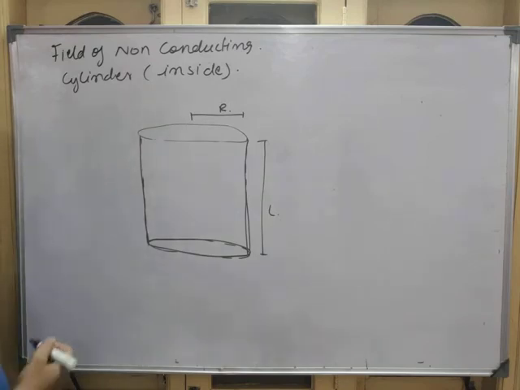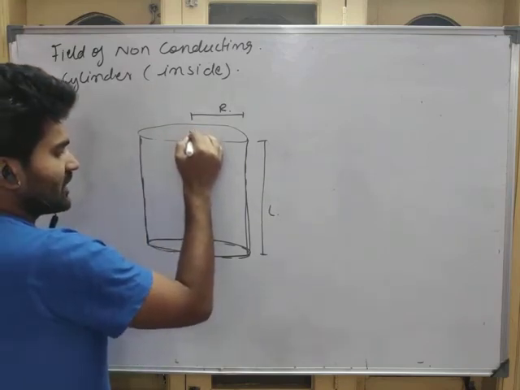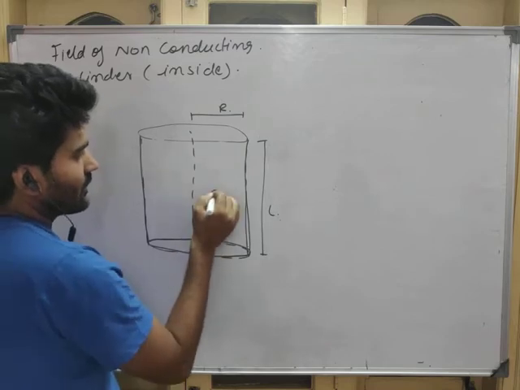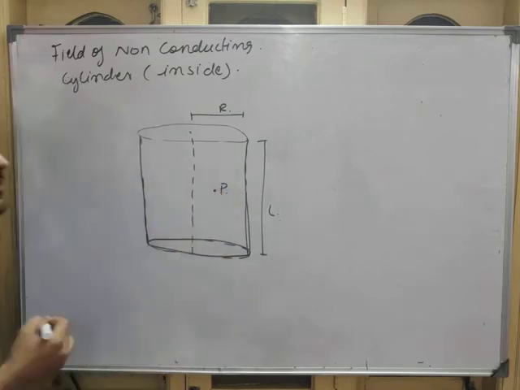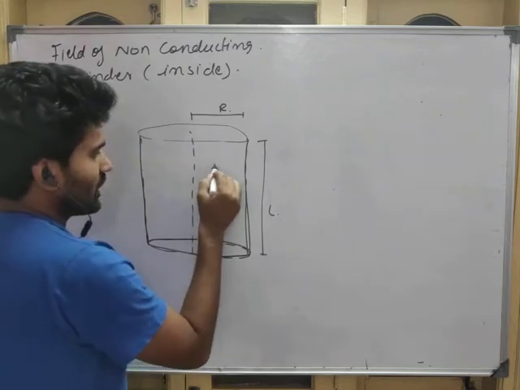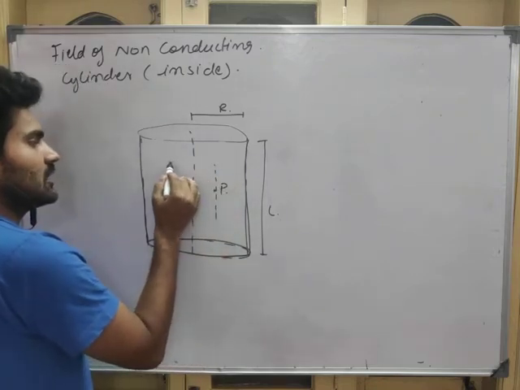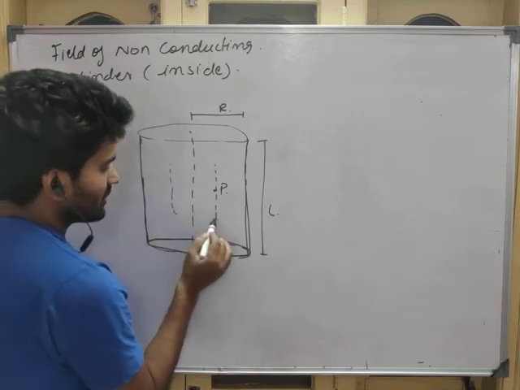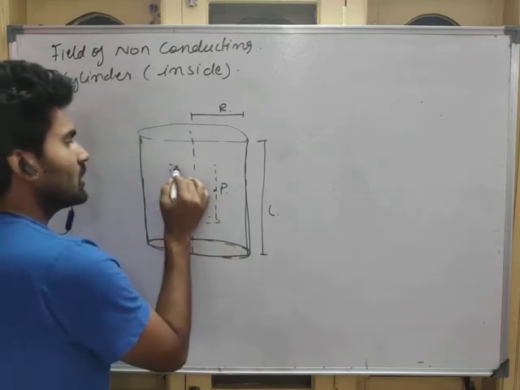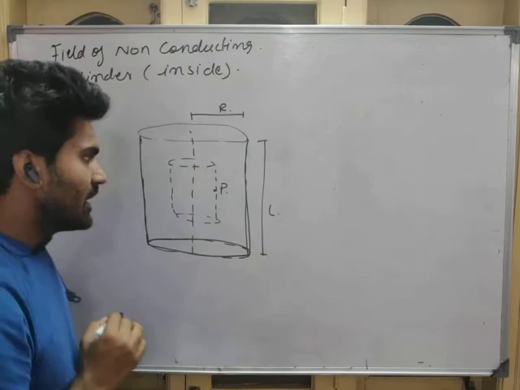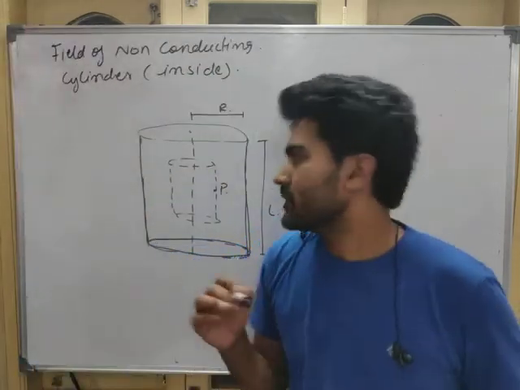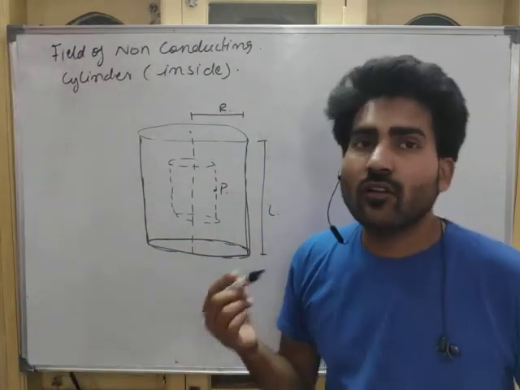This is the axis, so we have to find the field at this point P, right? Okay, so we'll again create an imaginary cylinder. Why are we doing this? Actually, we want to find the field at this point by using the Gauss law.